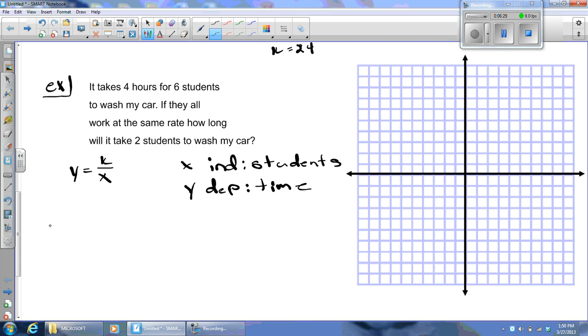So when we plug it in, we get 6 equals k over 4. Sorry, I just caught my mistake here, I plugged in the wrong numbers.